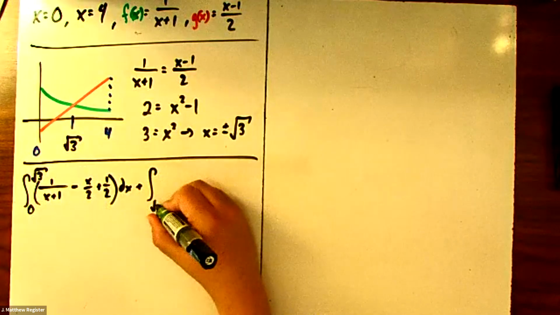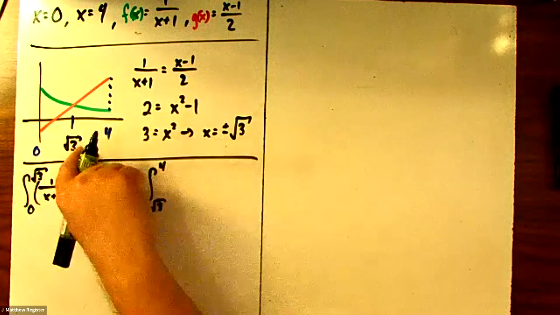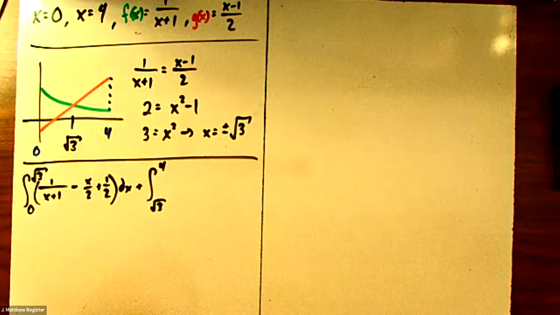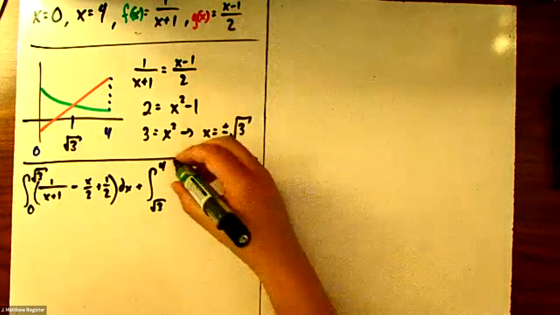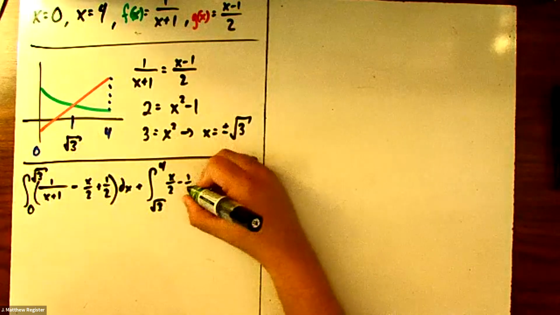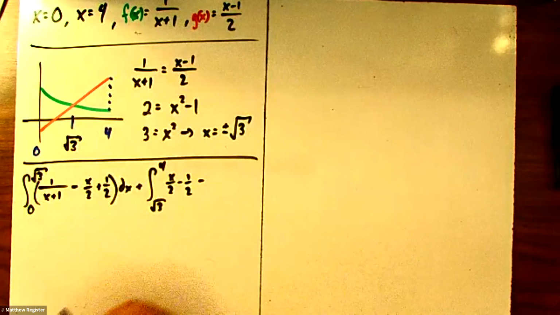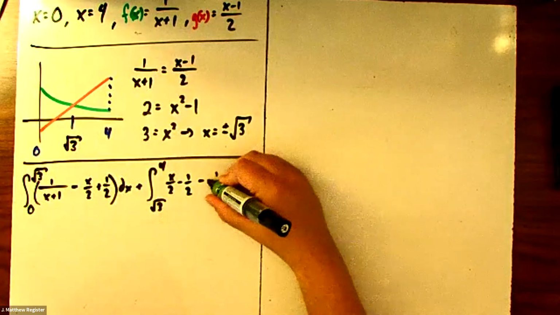Plus the integral from square root of 3 to 4, because that's the second interval. And now it's g of x, which we could rewrite as x over 2 minus 1/2 minus our 1 over x plus 1.